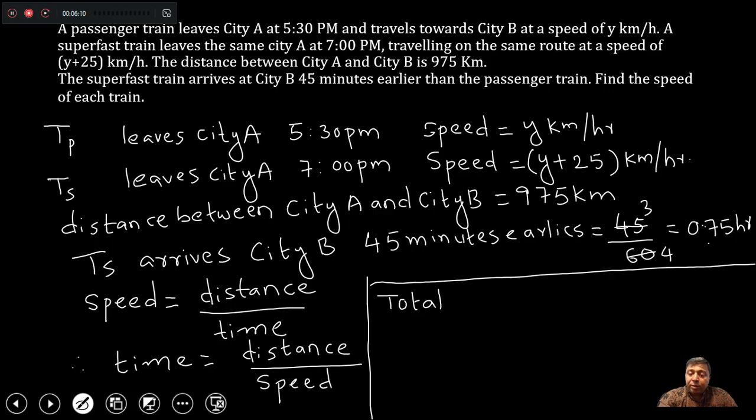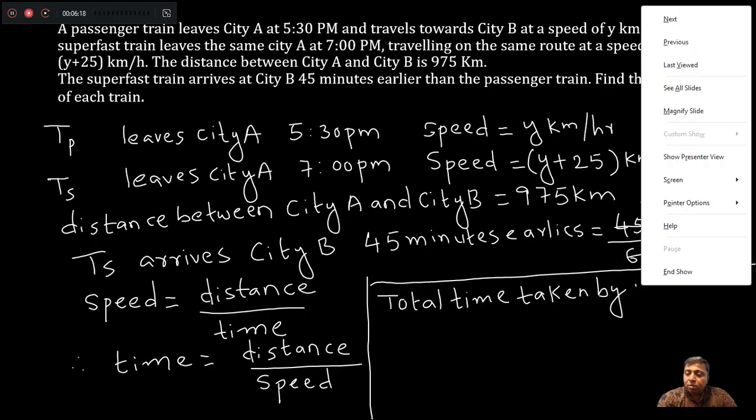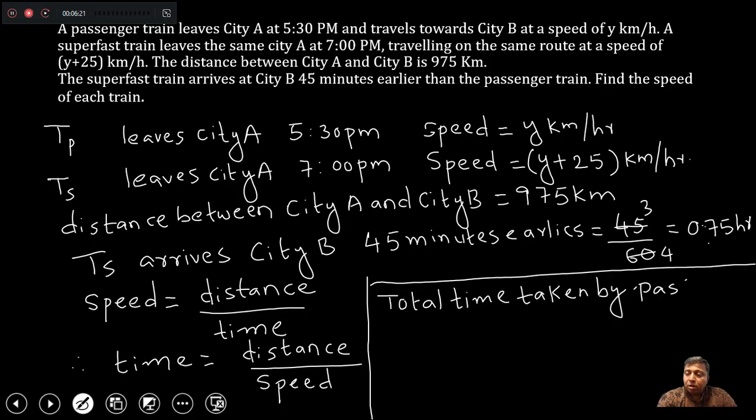Total time taken by passenger train: distance is 975. Speed of passenger train is y. So that's 975 upon y hours.